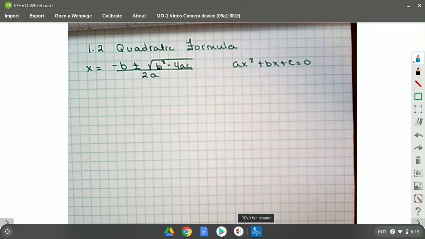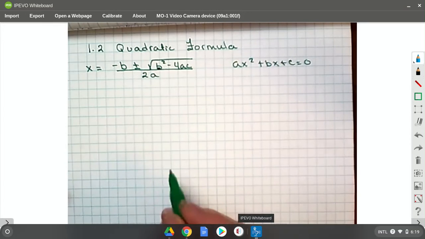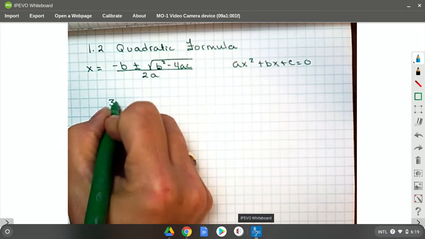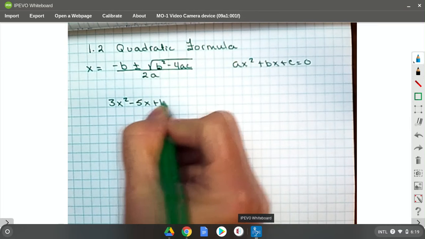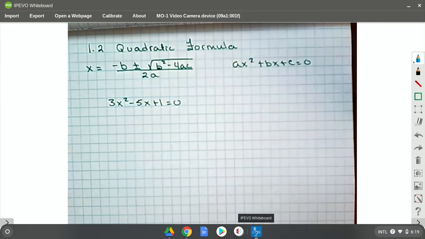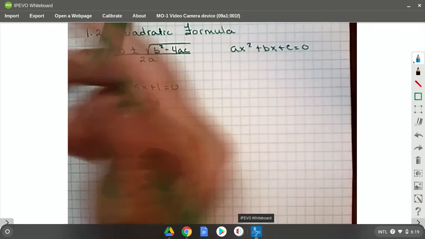Okay, so let's say that I have 3x squared minus 5x plus 1 equals 0. And it always has to be set equal to 0 for those to be in the right position.